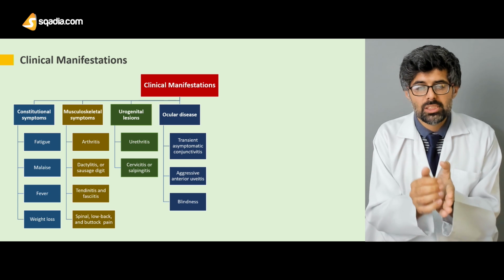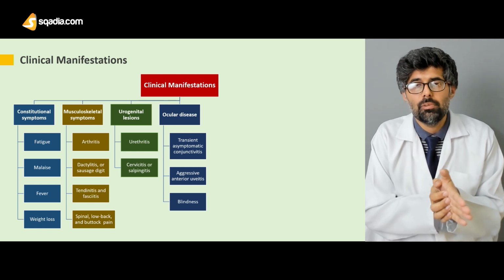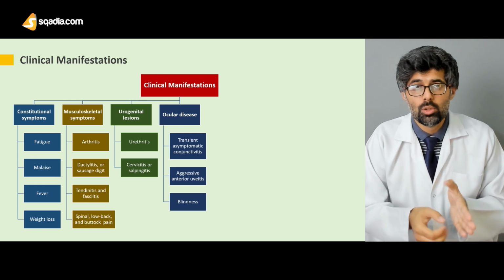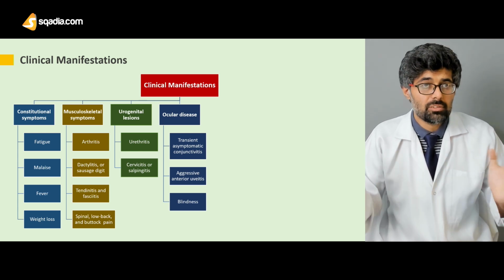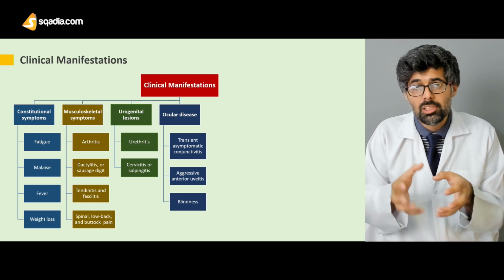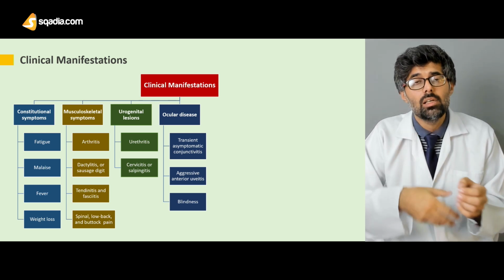Now, because of this aggressive anterior uveitis, blindness can happen, because the uvea, like I said, rests between both the iris and the ciliary body, and the ciliary body houses the lens.